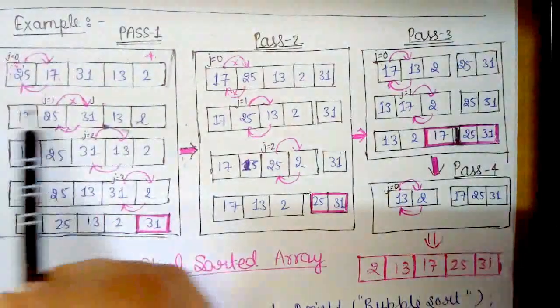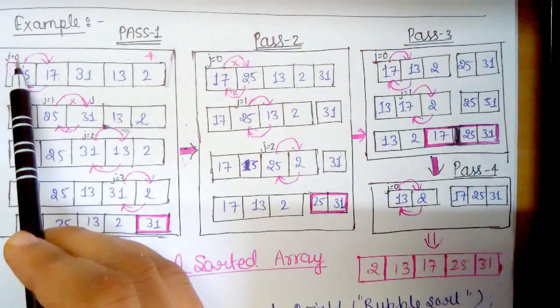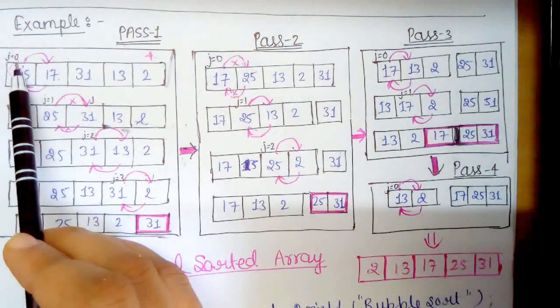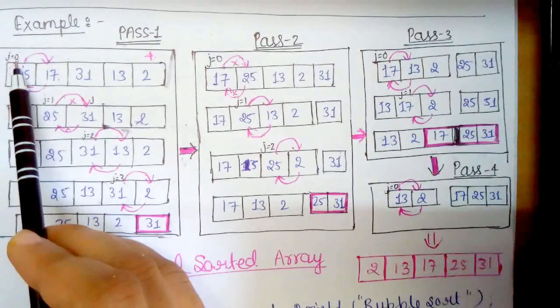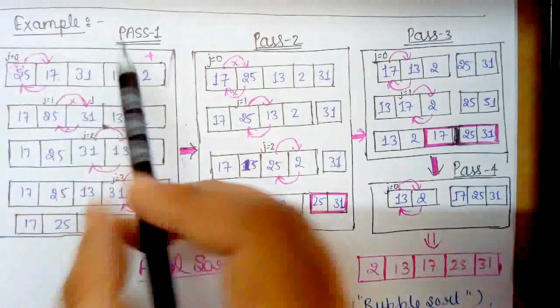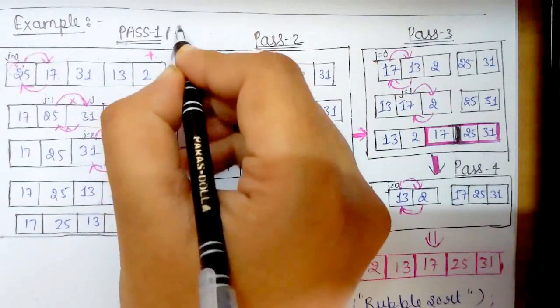Now in pass 1 we will compare adjacent elements, starting with j equal to 0. Suppose for passes I am taking the variable i.